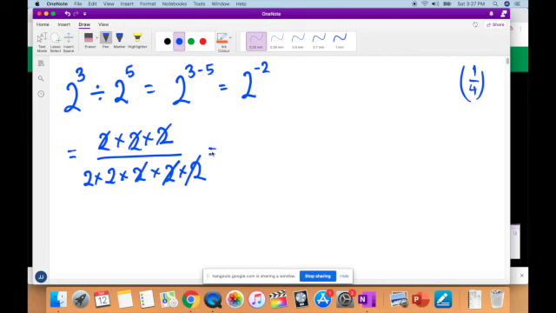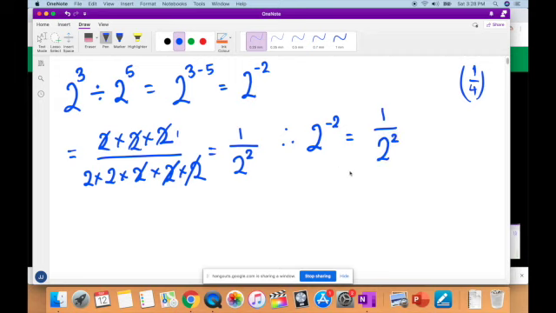I actually have 1 over here all over 2 squared. Seeing what's going on there? Yeah. Right. So therefore, 2 to the negative 2 is actually equal to 1 over 2 squared.